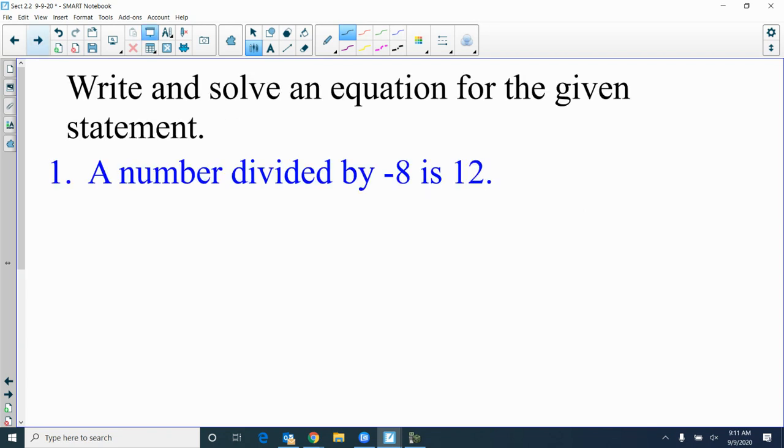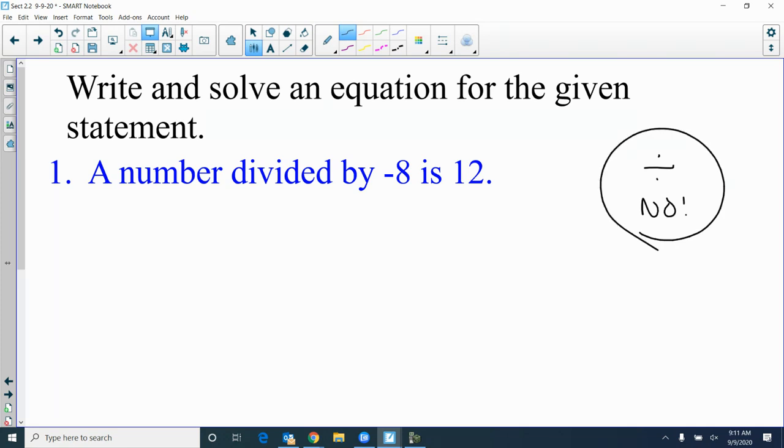Now you have to be able to take words and create a math sentence. So on your paper it says a number divided by -8 is blank. Put 12 in that blank. Do not use the division symbol.